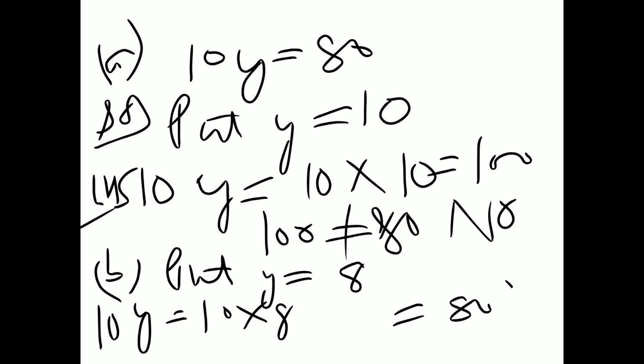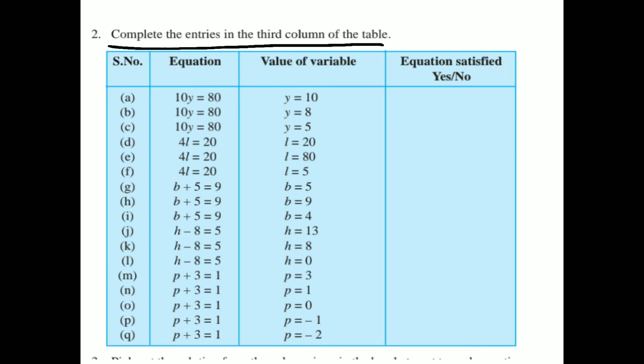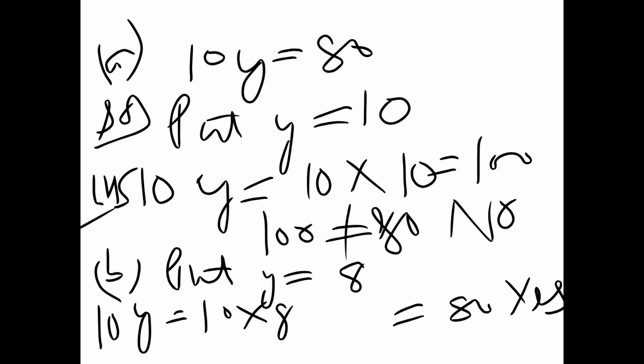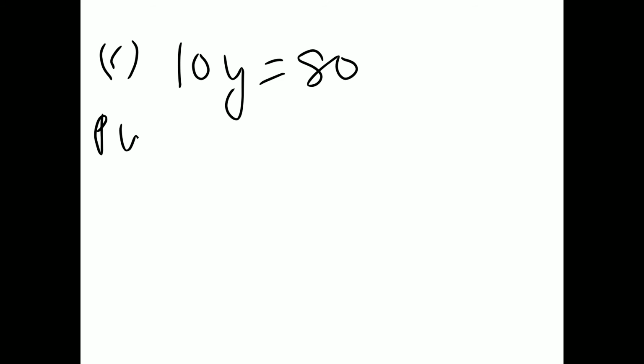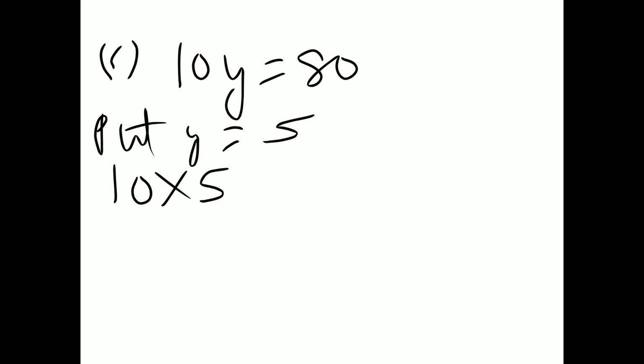So is it equal? Yes, you write yes. Now we do C part. 10y is equals to 80. Put y is equals to 5. 10 into 5 is equals to 50. 50 is not equals to 80, so you write no.